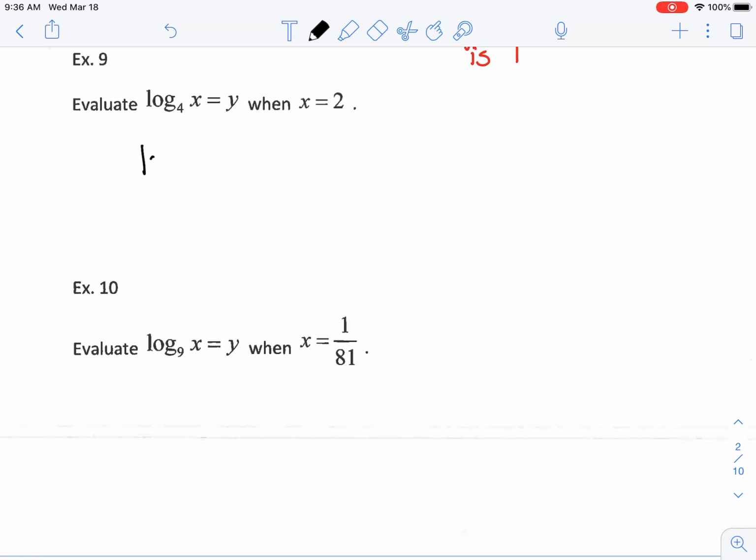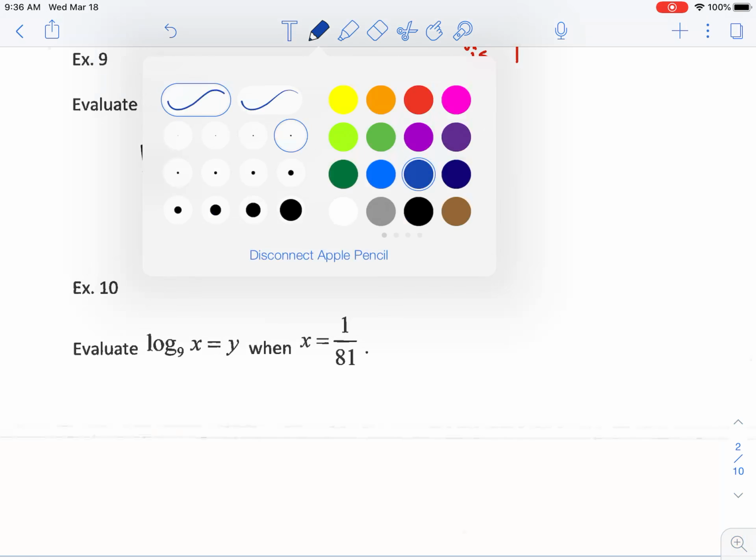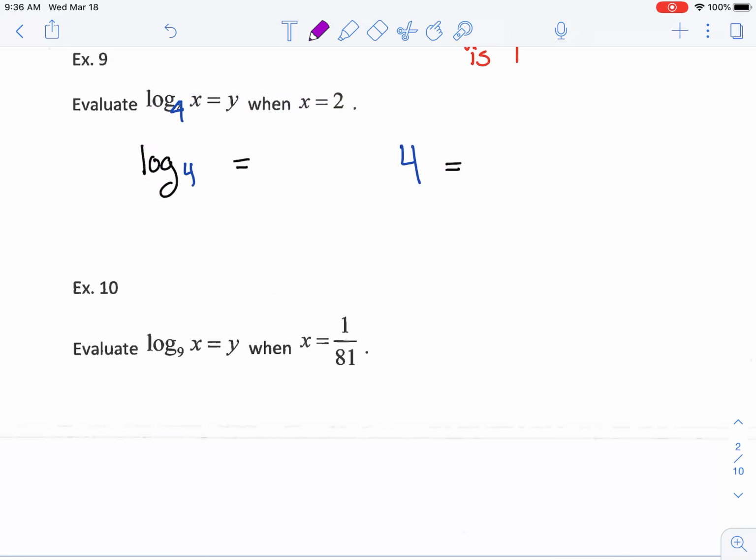I've got a log right here, an equal sign. I need an equal sign. I need my blue base, 4, 4, 4. I need to plug that 2 in where it goes, and that goes over here on this side.